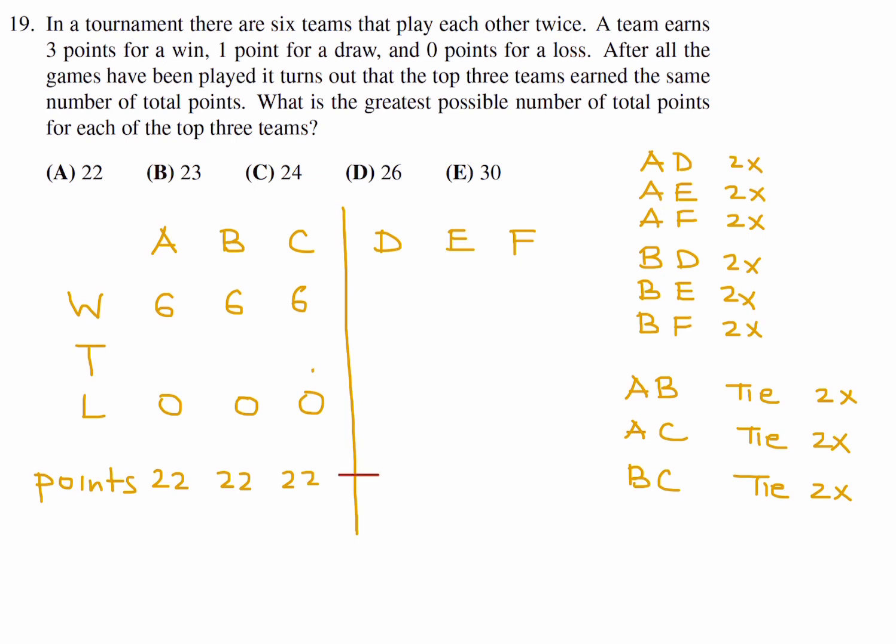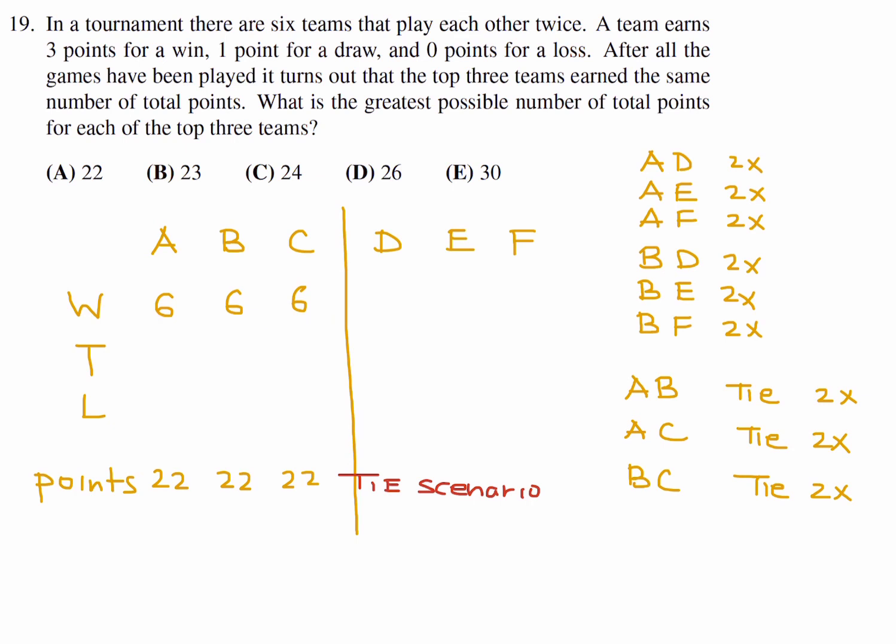So I'll just label this. This was the tie scenario. Okay, now let's talk about losses. If you've got losses, then 6 games have already been played, right? And that's what those represent.